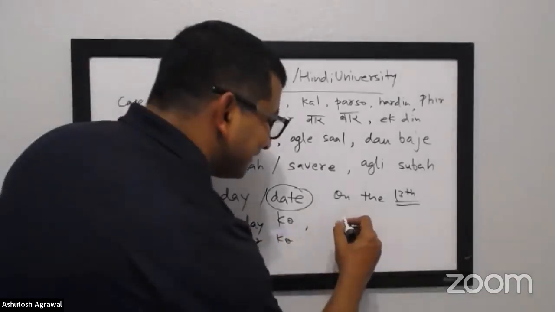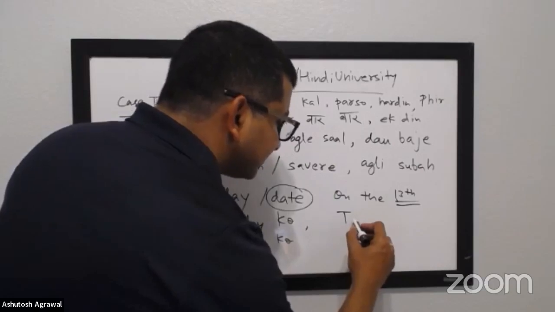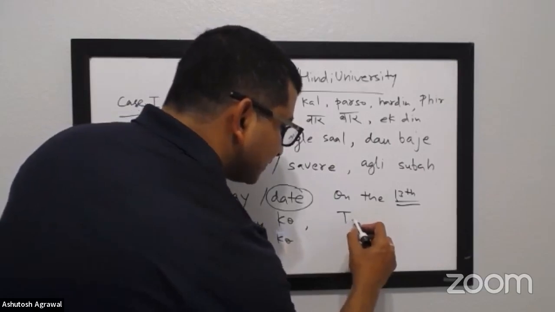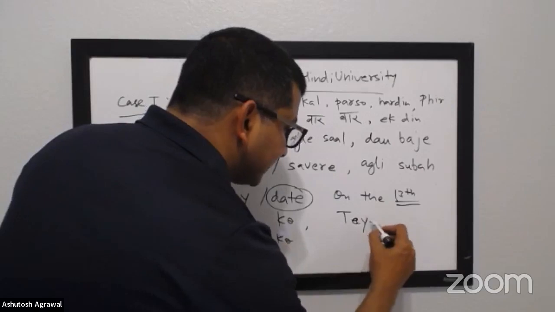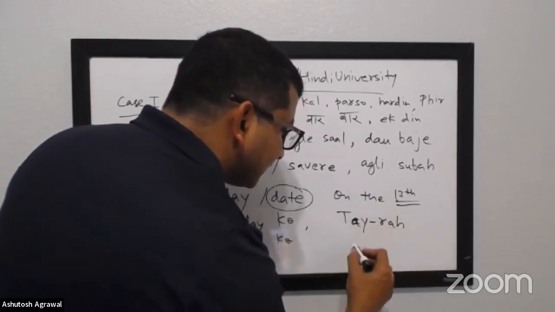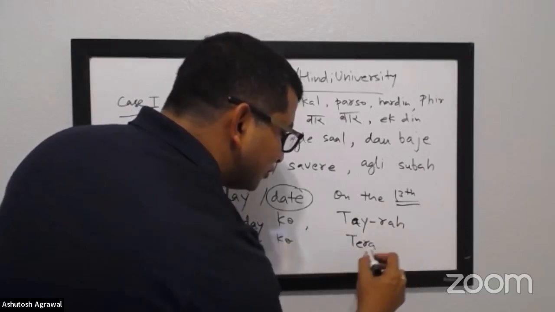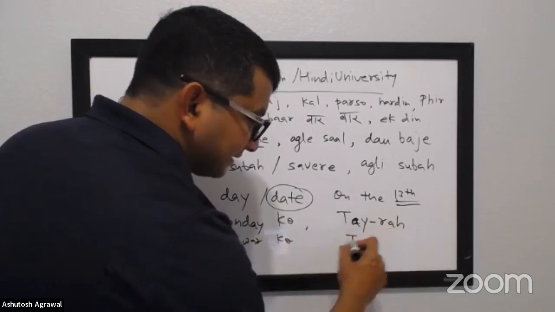So Tera. I'm gonna split it, but it's 13. It's Te Rah. Hindi speakers say it fast, and it sounds like Tera, but it's Te Rah.